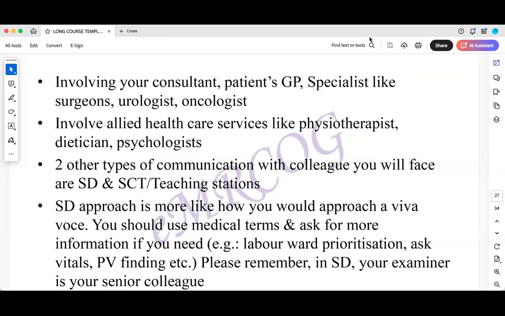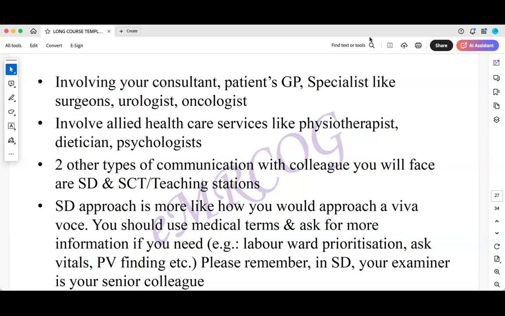Or please allow me to show you how to do it in our way. So by a nice way of communication, you explain to your colleague that what he did was wrong and this is the correct one, right? So your communication with your junior will be counted in the exam.